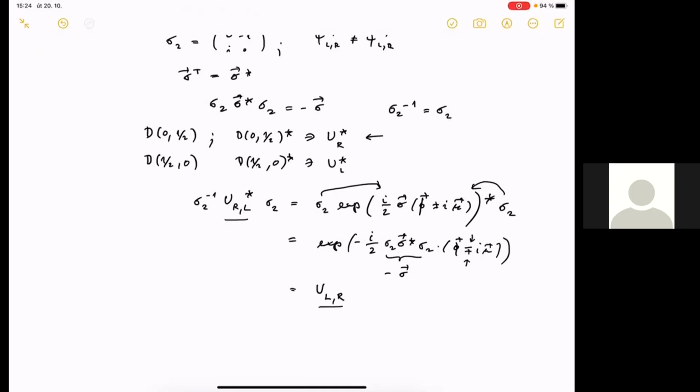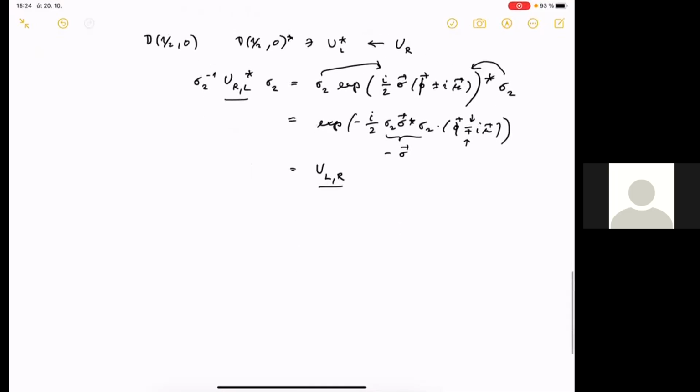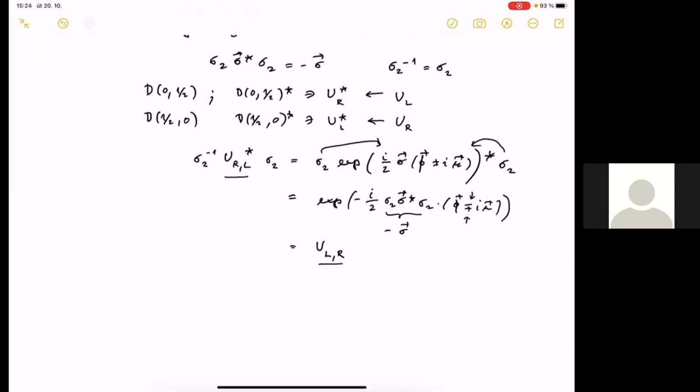That means, in fact, this complex conjugated right-handed representation is equivalent to the left-handed representation, and the complex conjugated left-handed representation is equivalent to the right-handed representation. Simply, we need only to make some rearrangement of the coordinates in the corresponding complex conjugated representation space, and we can write the corresponding matrices in new coordinates as the left-handed and right-handed representations.